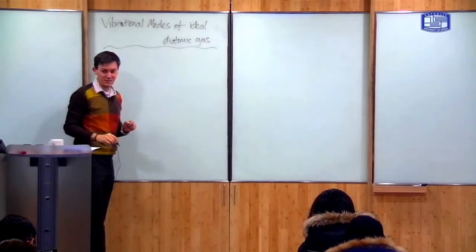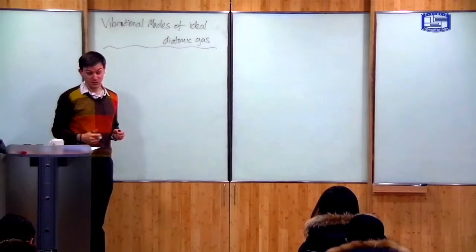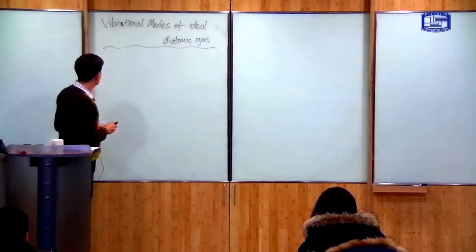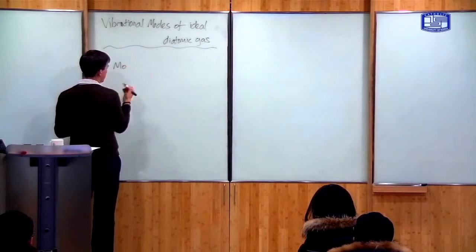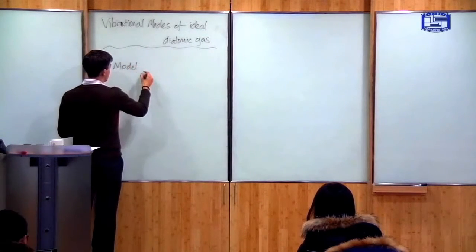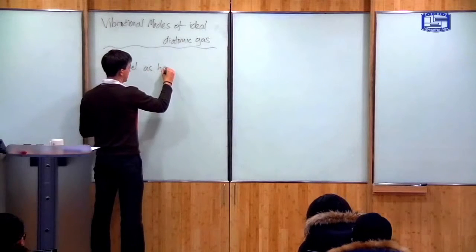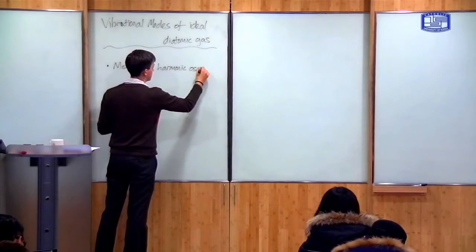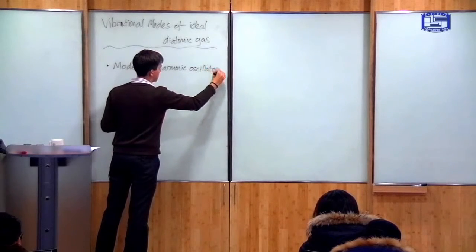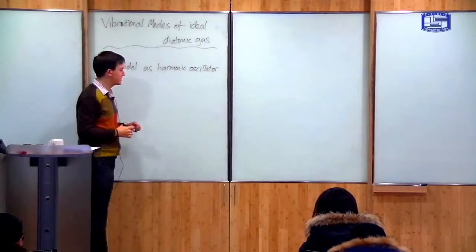So this is a gas where there are two atoms in each molecule. And the critical point is we're going to take a very simple model of this. We're going to model it as a harmonic oscillator, which is good enough to show us the basic behavior.